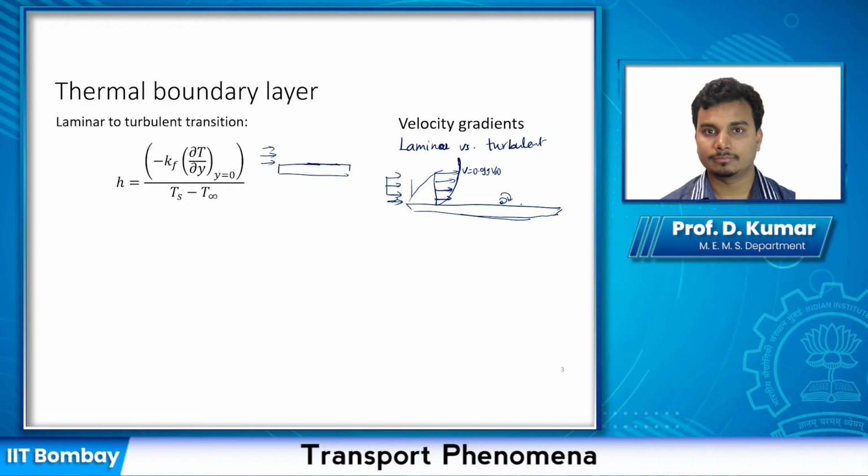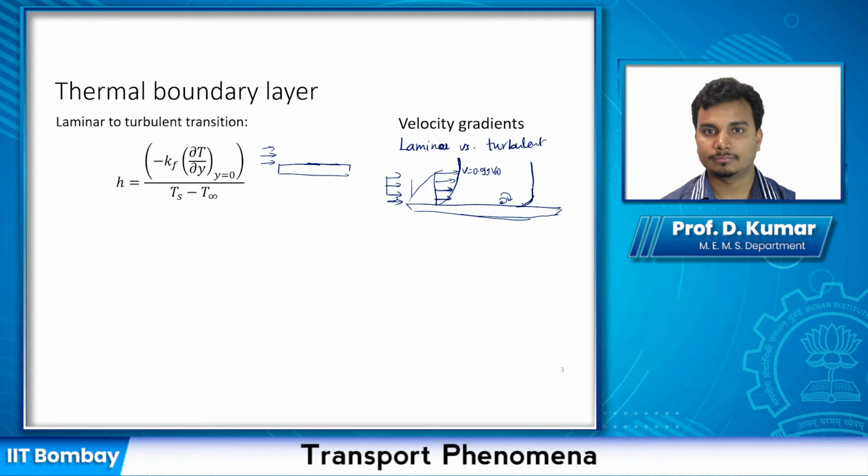Because of that mixing, the velocity changes very fast close to the plate. At the plate, it has to be 0 because of the no slip condition, so it suddenly becomes like this.